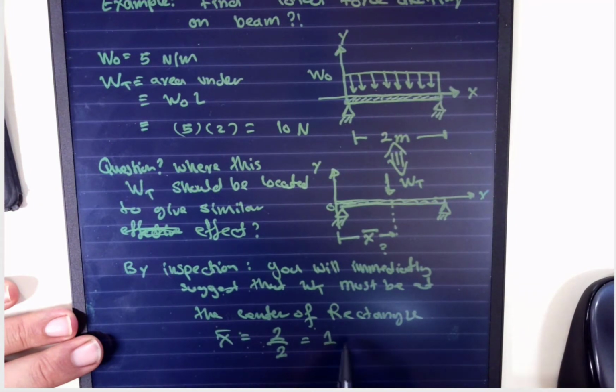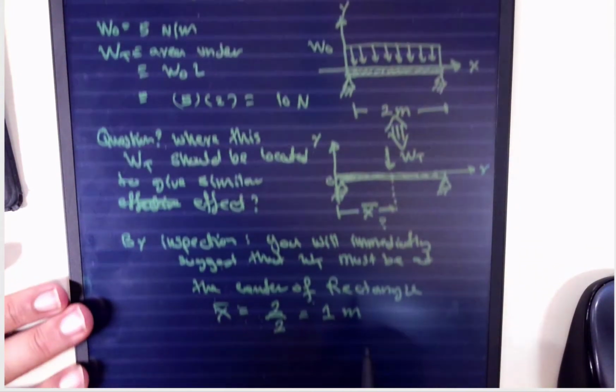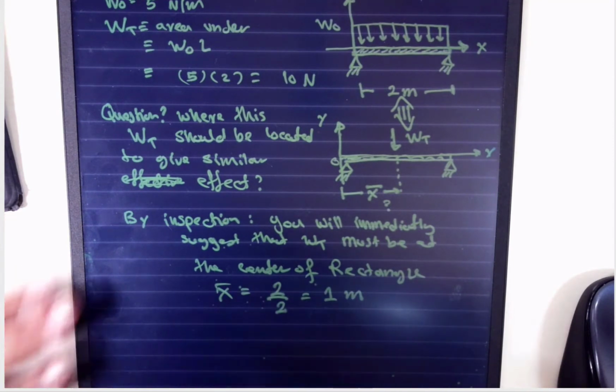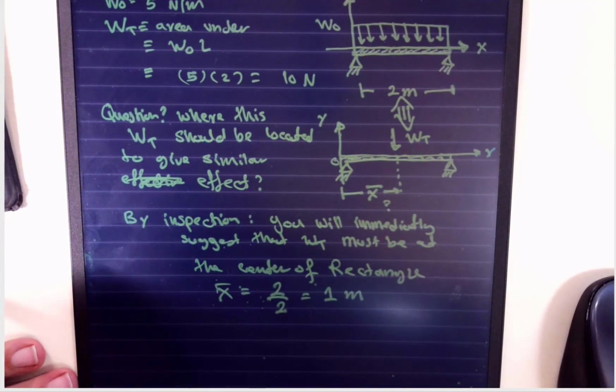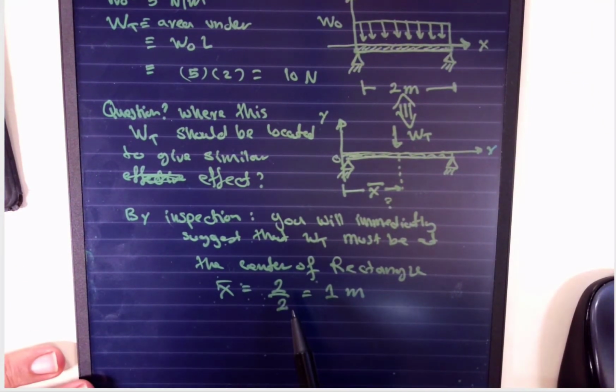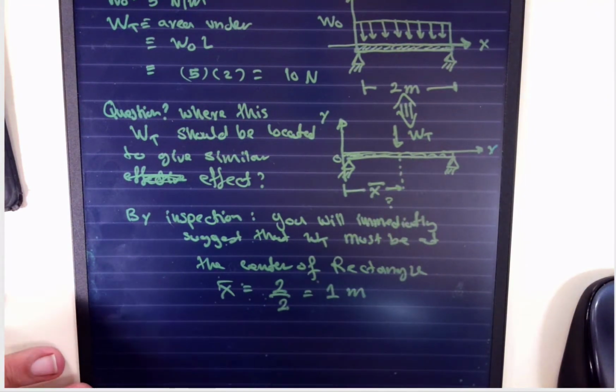So this is 1 meter. Now we will introduce a much more systematic method of calculating the centroid, what we call the center or location of the effective weight or total weight, using the method of moments.